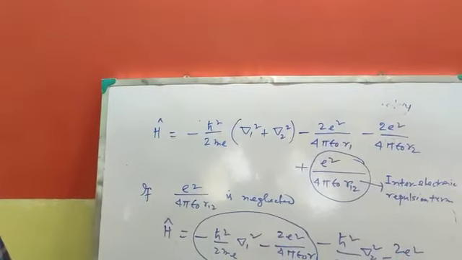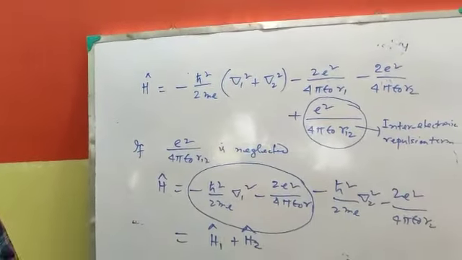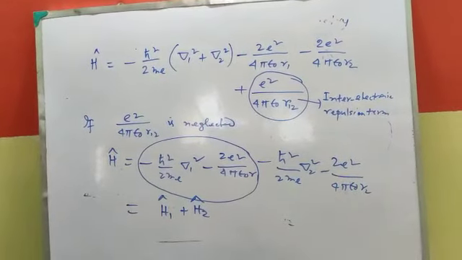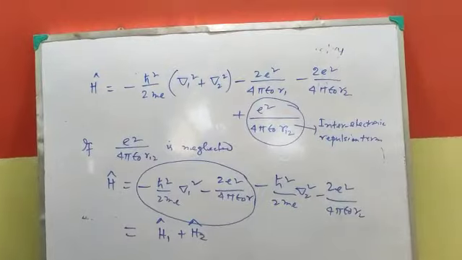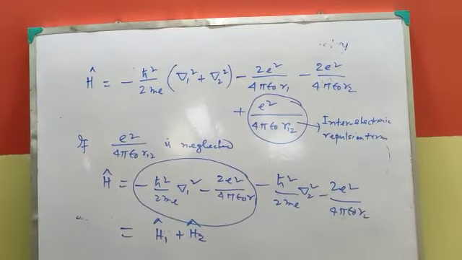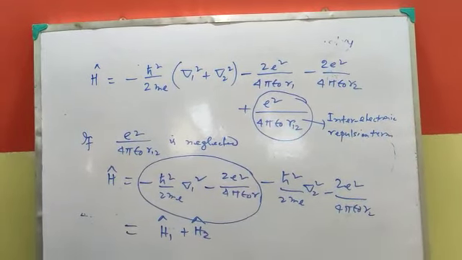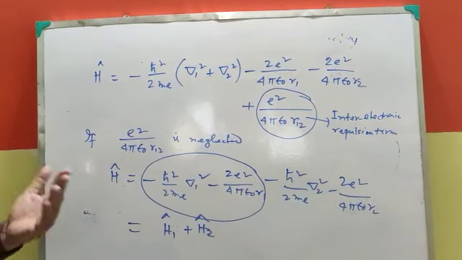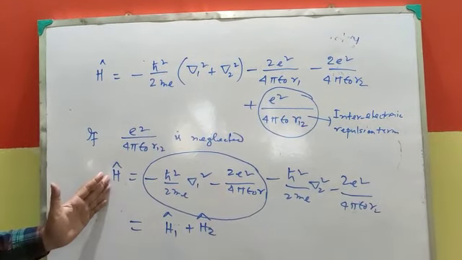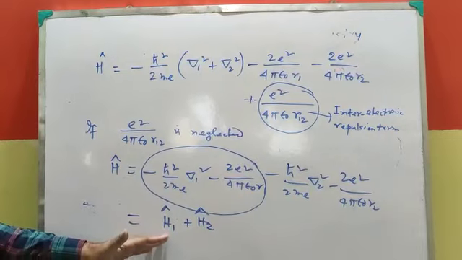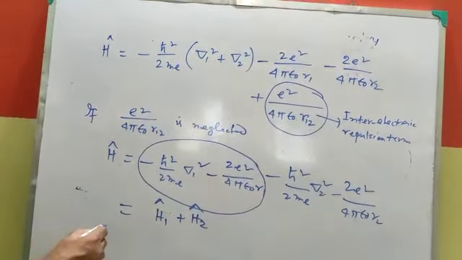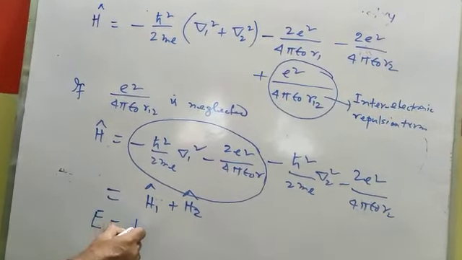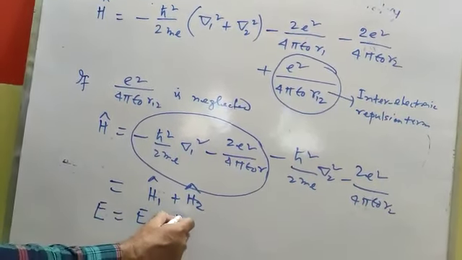Now, what is the problem then? The problem is that if we take this approximation, that means e² by 4πε₀r₁₂ is neglected, then what is the outcome for the energy of the helium system? If the Hamiltonian can be separated into two separate electronic Hamiltonians, the total energy will appear as E₁ plus E₂.